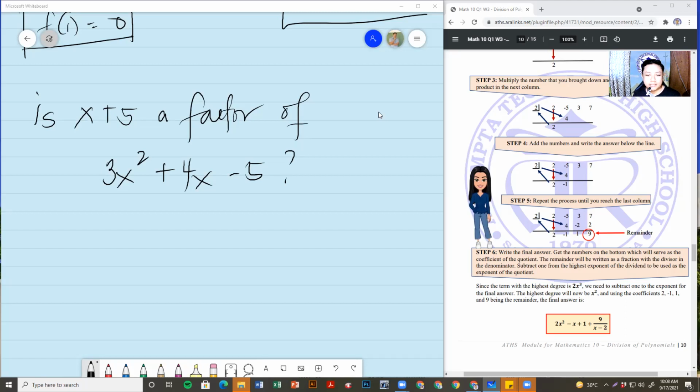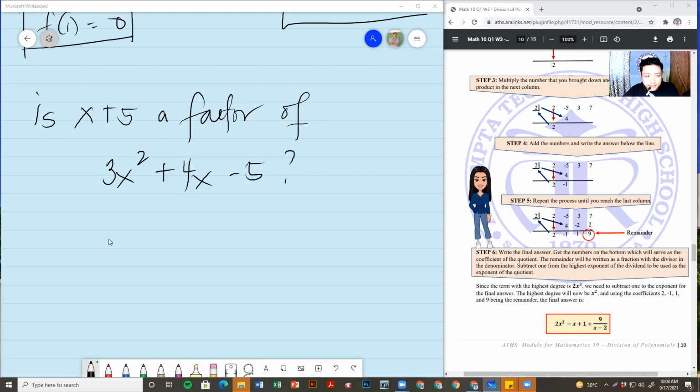You have to write the remainder. Okay, so meron na silang mga sagot.